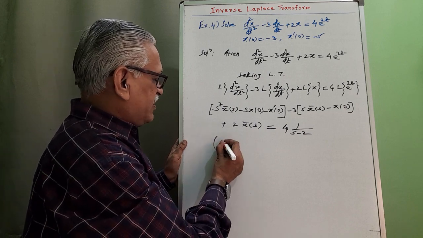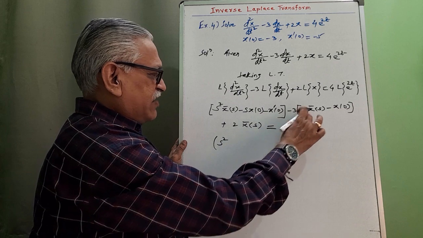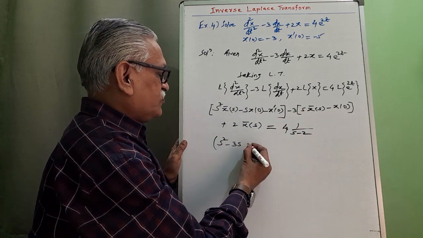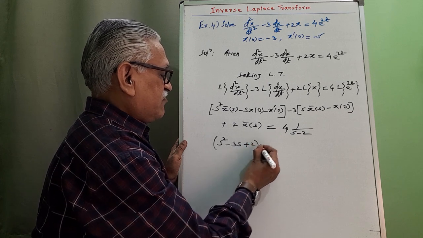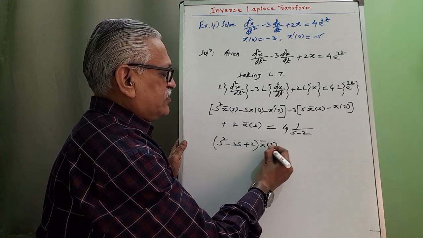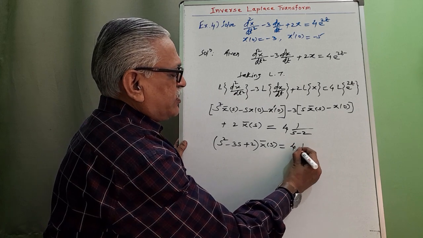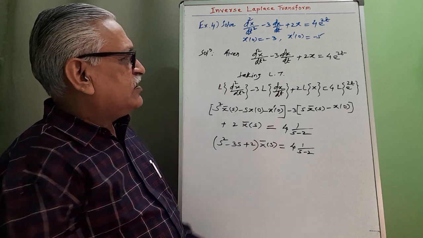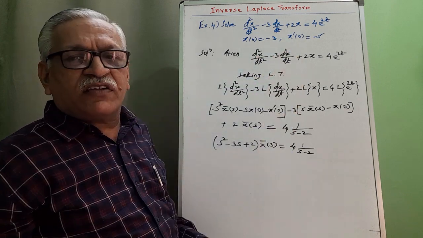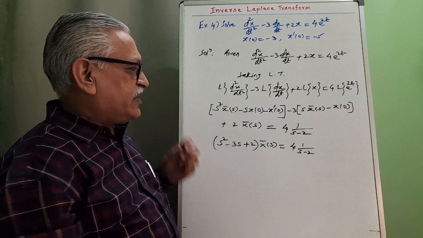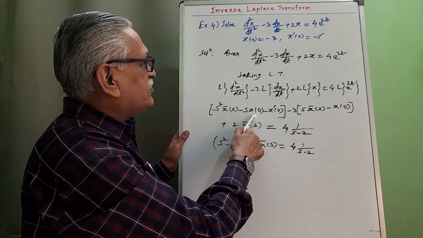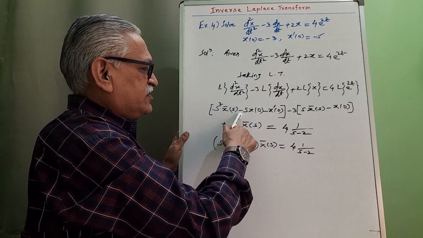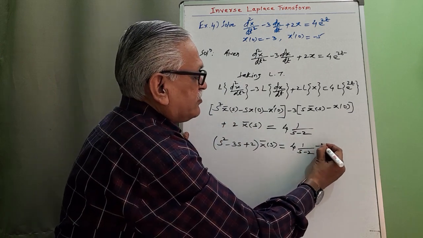Collecting in one bracket, we get s square minus 3s plus 2, times x bar of s, is equal to 4 times 1 upon s minus 2. Substituting the values of x of 0 and x dash of 0 and then transferring to the right hand side. X of 0 is minus 3, minus minus becomes plus 3s, transferring we get minus 3s.